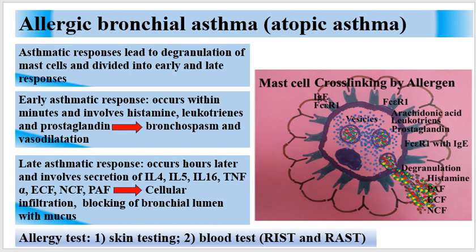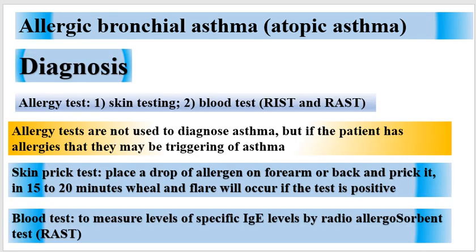Allergy test. Allergy tests are not used to diagnose asthma, but if the patient has allergies, they may be triggering asthma, so we can run allergy tests just to identify the triggers for asthma and if the patient is allergic or not.